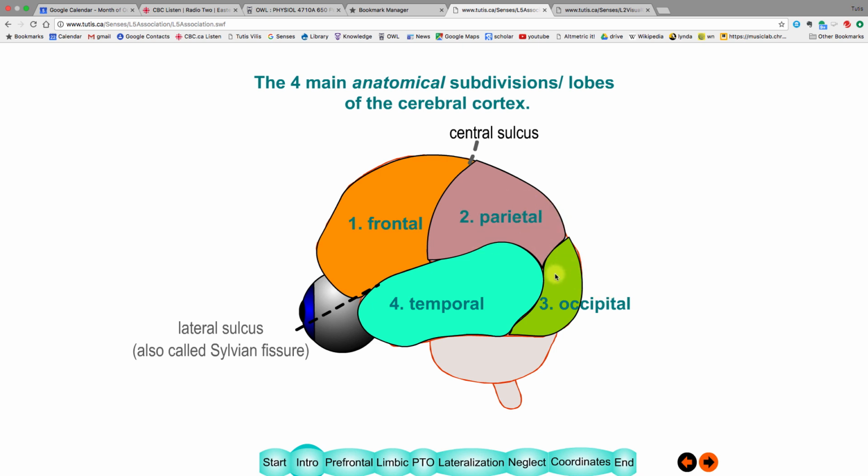Then back here, there are a lot of structures of the visual system, and this is called the occipital. And finally, on the side here, somewhat like a wing on a bird, is the temporal lobe, because it's not quite attached in this front portion here, and there's a big sulcus called the lateral sulcus, or Sylvian fissure, that comes down along the side.